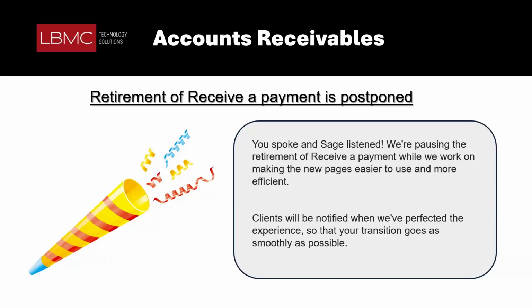They are working to make that page easier to use and more efficient. When that page is perfected within the experience and is up to the standards of Sage Intacct, you will be notified that transactions can now be updated within the system for that retirement of received payment.